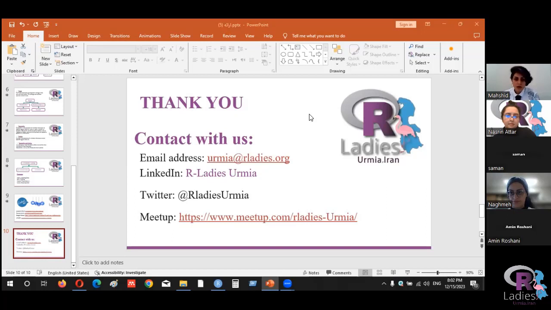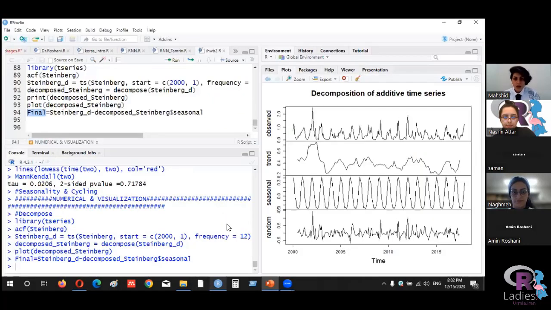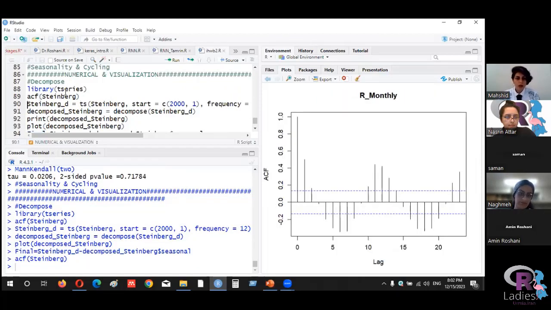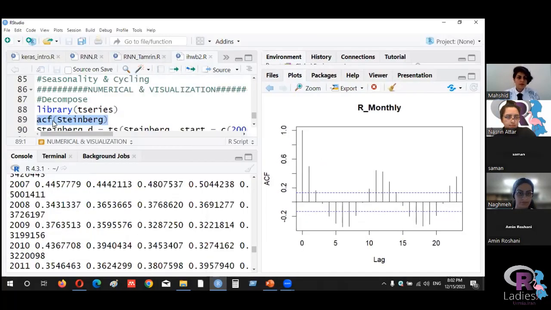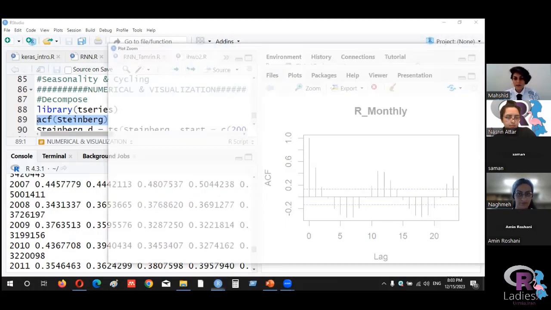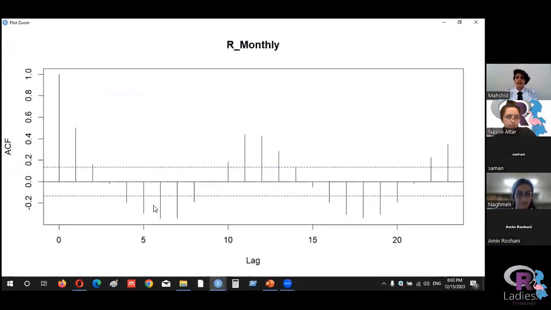Yes, if you want, I can show it again. Just a simple ACF. This is the code, ACF and the time series and the data frame, and this is the graph.